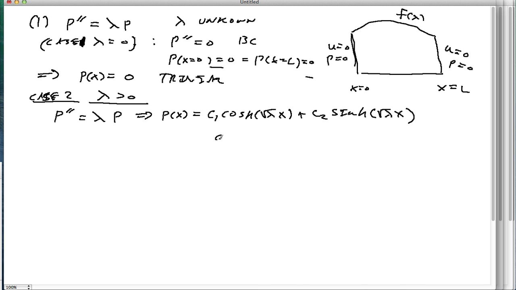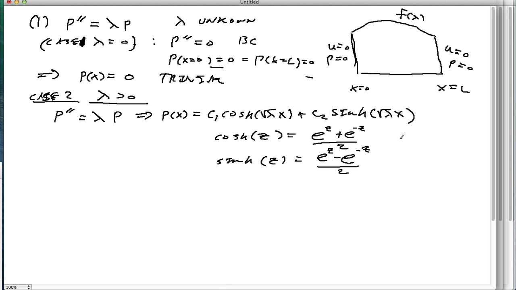So recall cosh of z. I'll just put the z variable in there to make it simple. It's going to be e to the z plus e to the negative z all over 2. And sinh of z is equal to e to the z minus e to the negative z all over 2. And we know that cosh prime is equal to sinh, and sinh prime is equal to cosh.